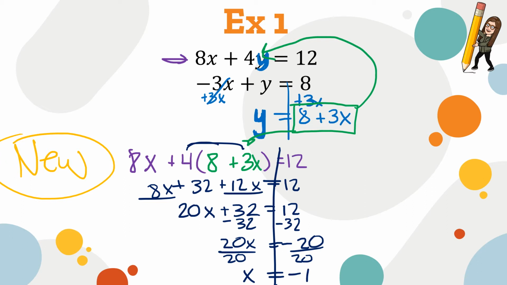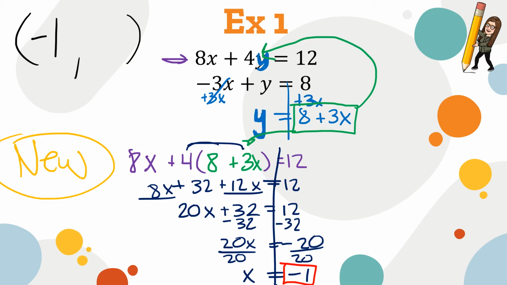Awesome. Our answers are still the same as solving by graphing in the sense that I'm going to have a point. And so far, my x is negative 1. Well, now I need to find y, and this should be the easier part. You get to substitute negative 1 into any equation.